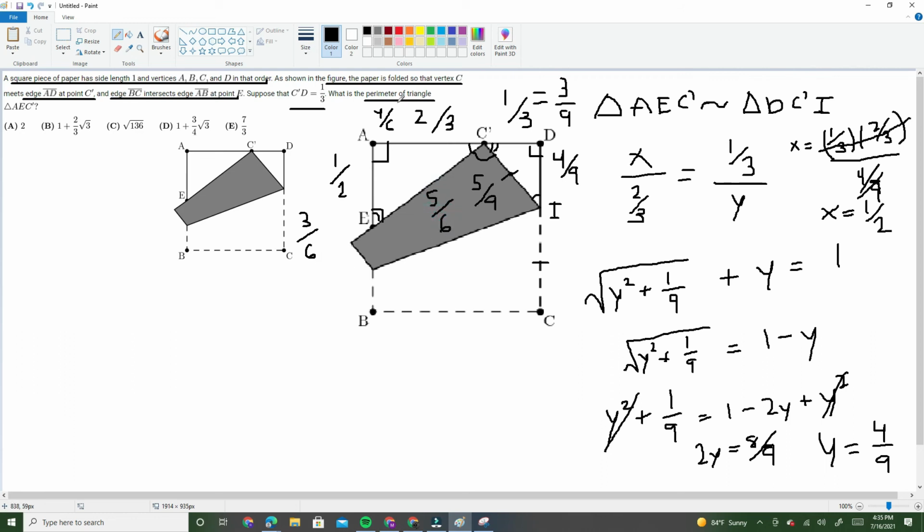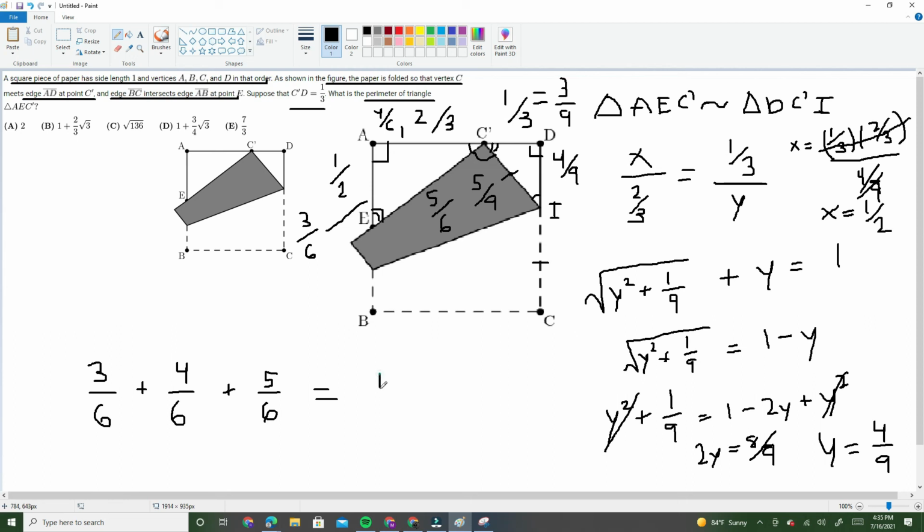So since it's asking for the perimeter of triangle AEC prime, we can add up these lengths for each side. We can add up the length 3/6 for leg EA, add the length 4/6 for side AC prime, and add the length 5/6 for length C prime E. And adding these three sides would give us the perimeter of the triangle.